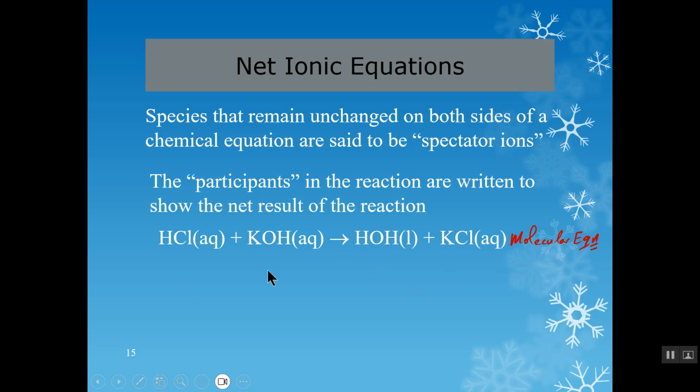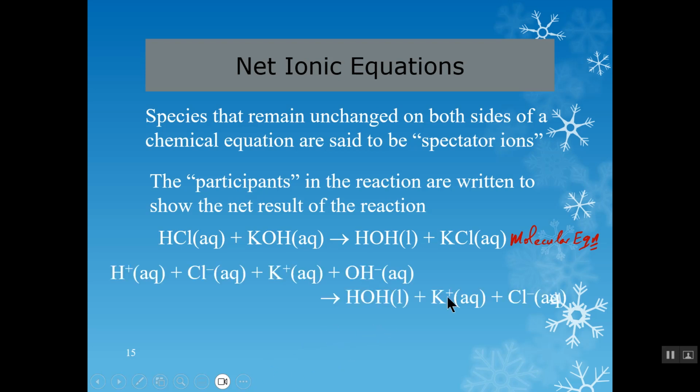So we can represent the changes that will take place by writing down this equation right here. And this equation is called the ionic equation. What this shows you basically are those species that will exist as ions in an aqueous solution as a result of dissociation. So as we said before, hydrochloric acid is a strong acid, so it will dissociate completely to form H plus and Cl minus.